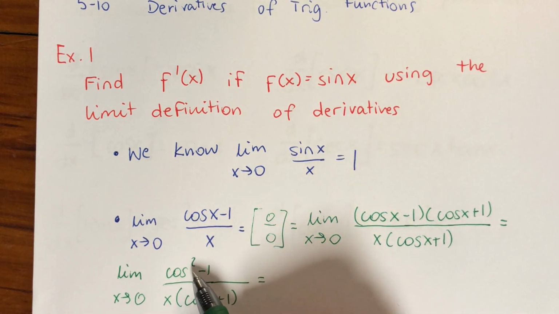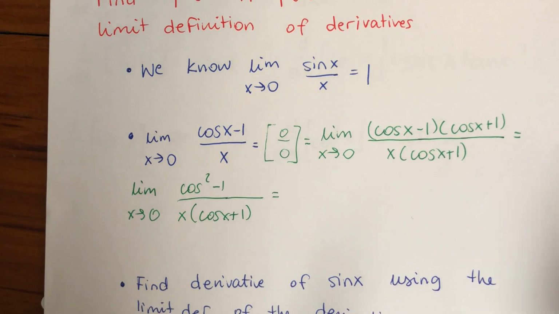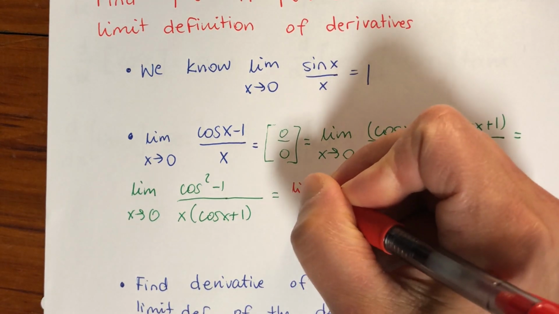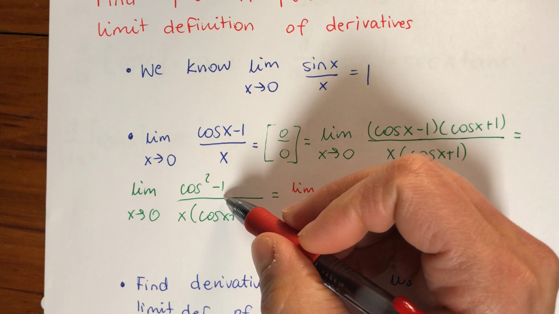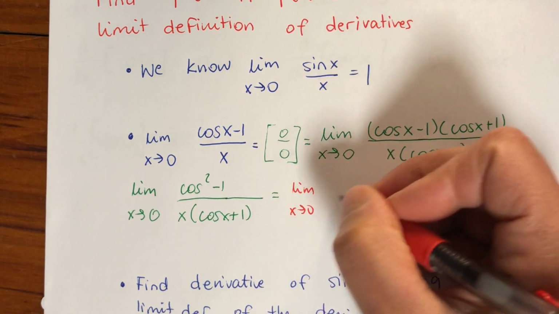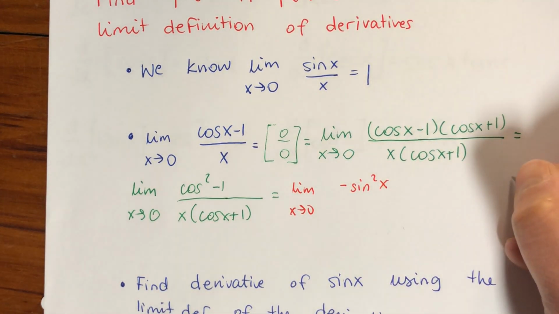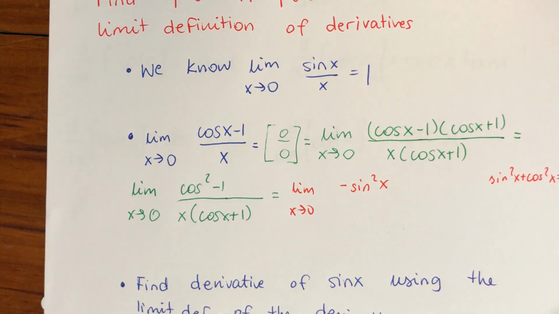However, if we now go back to our favorite part of mathematics, or one of the favorite parts of mathematics, which is trigonometry, we would remember that cosine squared minus 1, using the Pythagorean identity, will be equivalent to negative sine squared of x. You think why? Well, sine squared of x plus cosine squared of x is equal to 1.